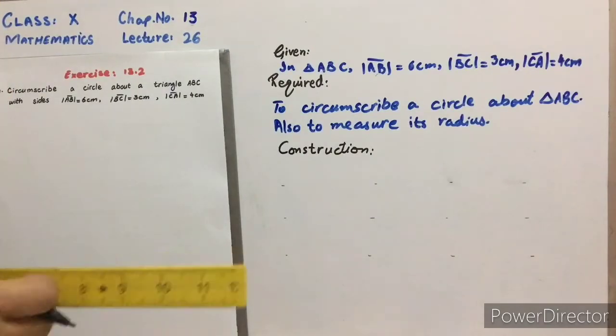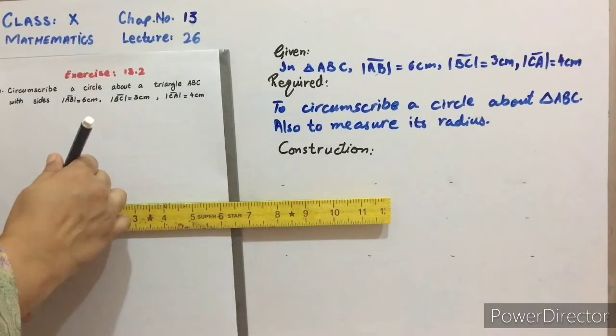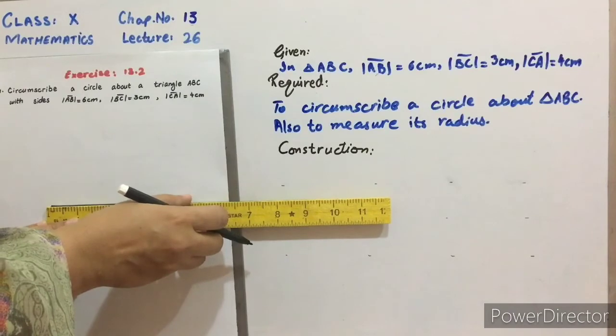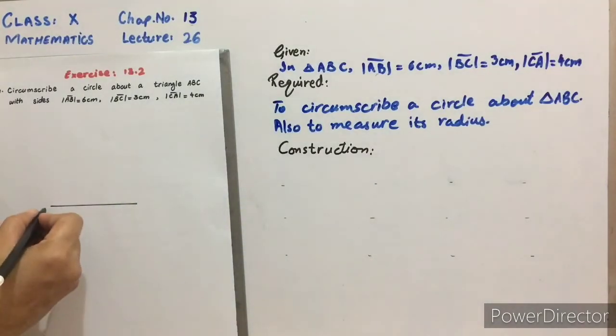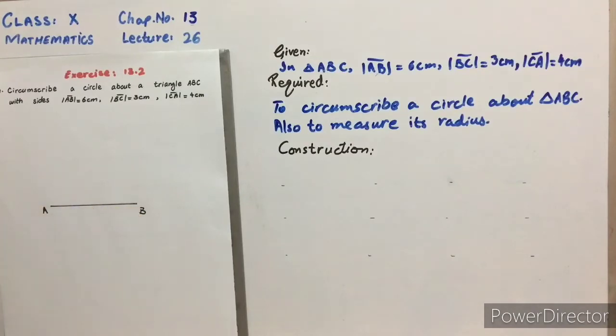Line segment AB is 6 centimeters long. Note down A, B. Then line segment BC is equal to 3 centimeters long. Adjust the compass at 3 centimeters.